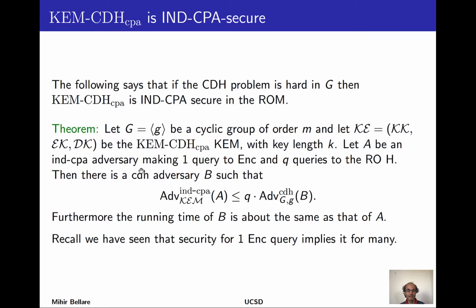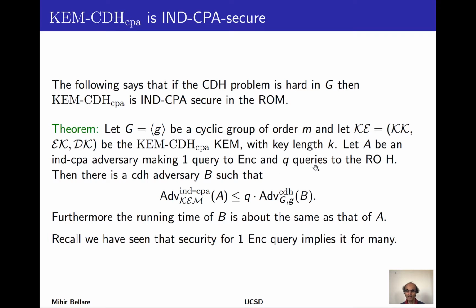Now we consider an adversary, and I'll assume it makes just one query to the Enc oracle for simplicity. We saw earlier that making more queries doesn't help beyond increasing advantage linearly by the number of queries. So that simplification is without loss of qualitative security, at least.